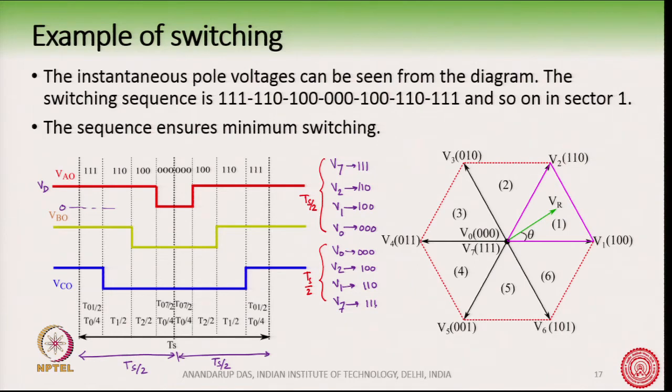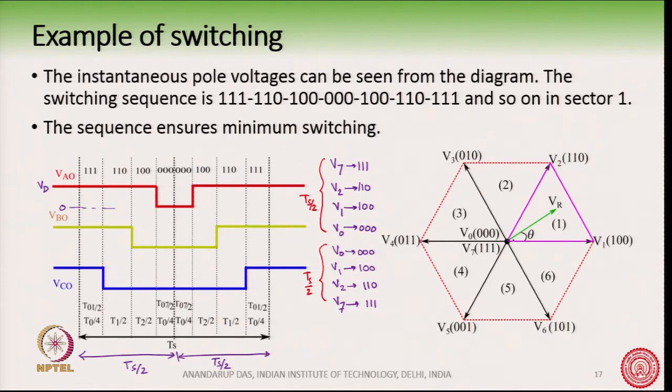So, we have now divided this Ts time period into two parts. In the first Ts by 2 period we will switch from V7, V2, V1 and V0. And in the next switching interval Ts by 2 we are switching V0, V1, V2, V7.